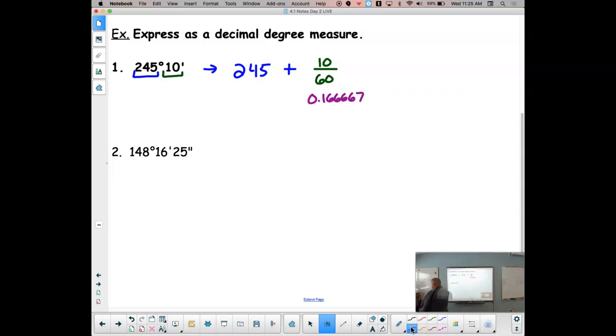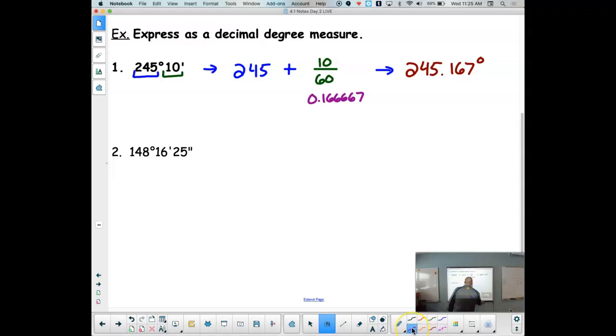So these two numbers could be added together, which would give us 245.167 degrees. So 245 degrees, 10 minutes is 245.167 degrees.